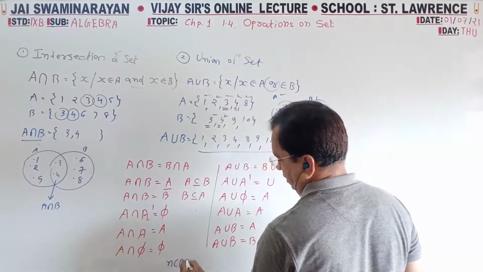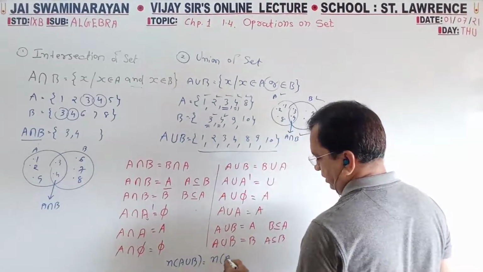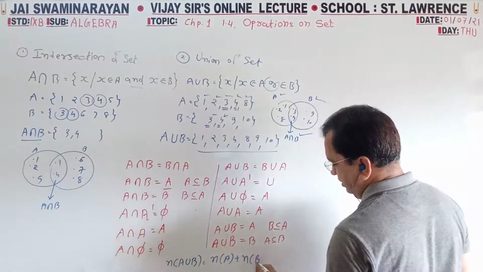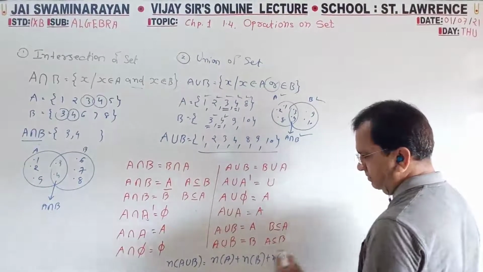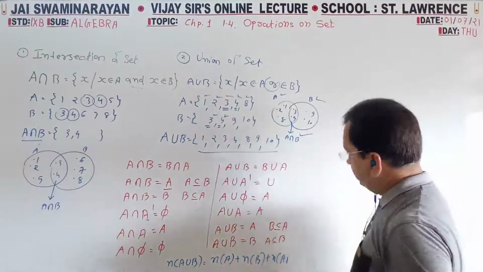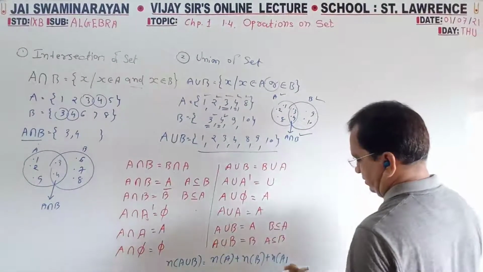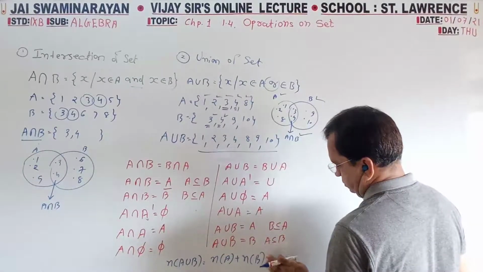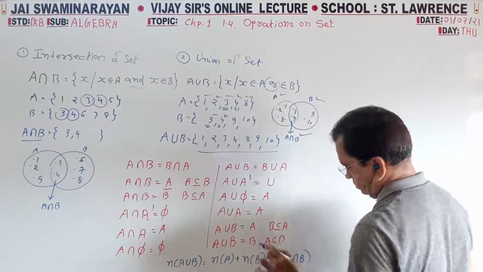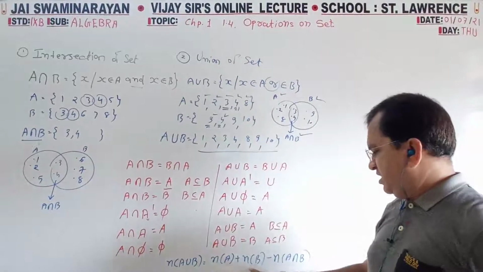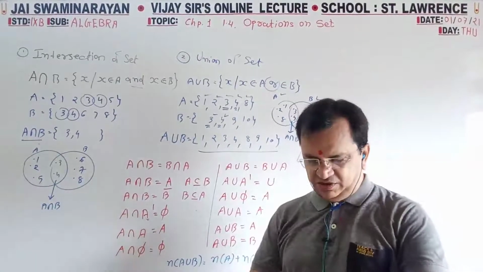Number of A union B is equal to number of A plus number of B minus number of A intersection B. In A and B, when we remove the common thing, you will get number of A union B.